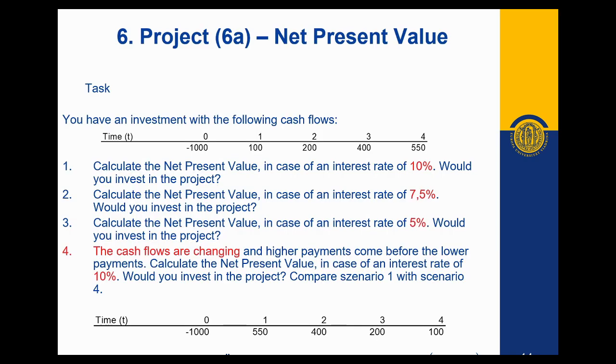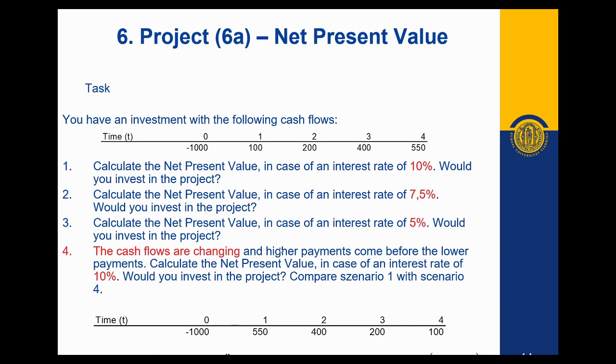So in this project 6, we are provided with a stream of cash flows, and what we are supposed to do is to calculate the net present value of the project that generates these cash flows, in the case that the interest rate is 10%, 7.5%, and 5%.